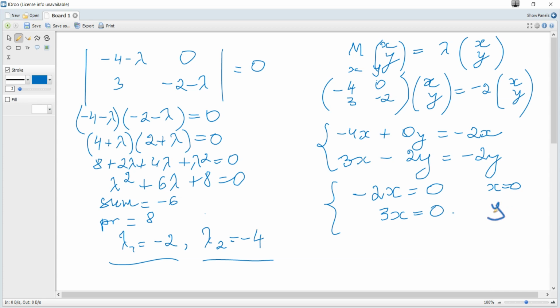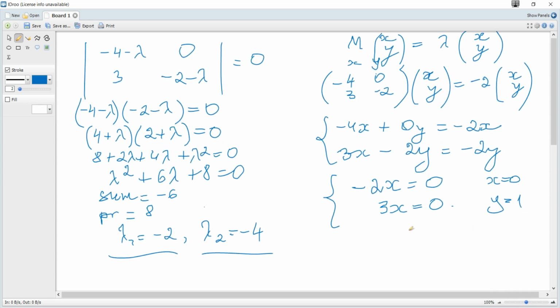But y may be absolutely any value, and we take our eigenvector in the smallest integers, so we can take y to be 1. It doesn't matter, we need only the direction, so we take any multiple of this vector. So let it be p1, which is 0, 1.